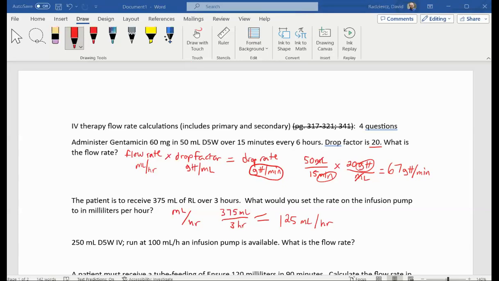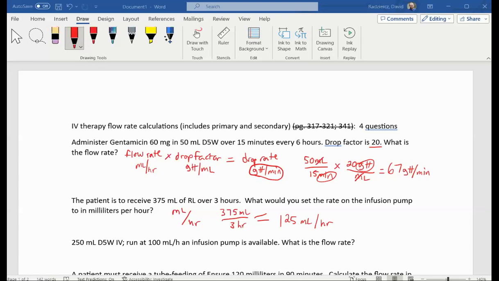So we would write the GTT, even though it isn't the same thing as milliliters, in a way. They are not the same thing. GTT is drops, and literally, if you've ever seen a heparin drip, or even when they do morphine, it's in a drip.